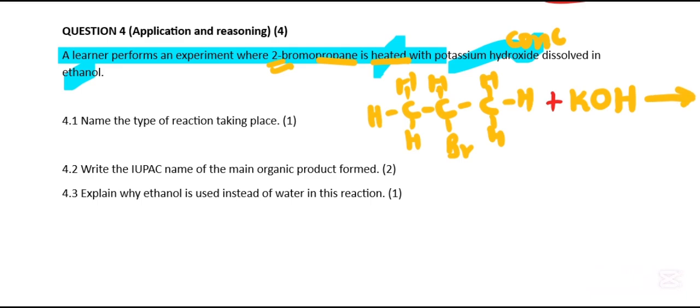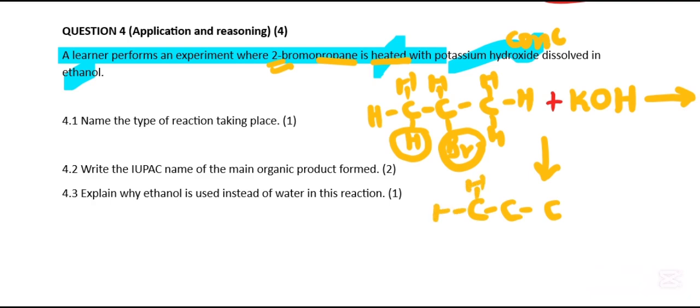Then elimination will happen. This one will be removed, and this one can also be removed, which means the product that will be formed will have 3 carbon atoms. Then the double bond forms.